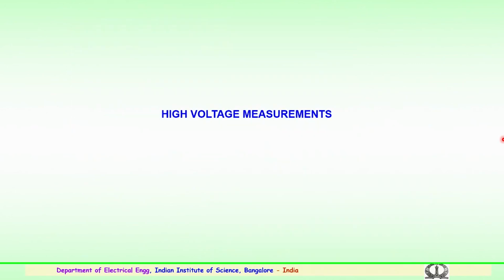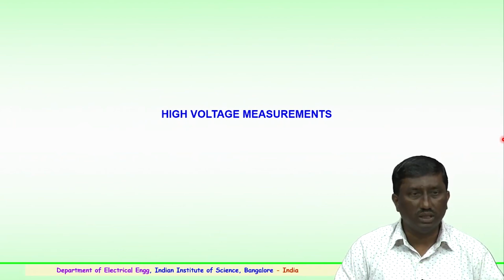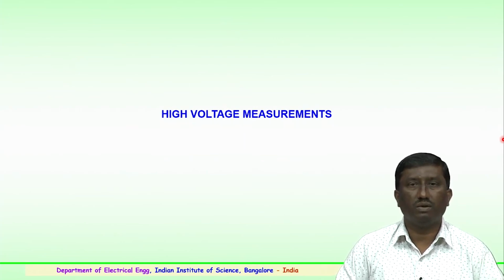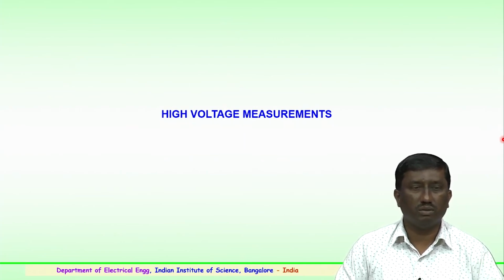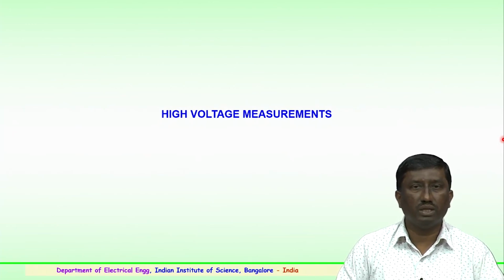So, that is about the generation of AC, the generation of DC, and the generation of high impulse voltage surges, both for lightning and switching aspects, and also the generation of high impulse currents.